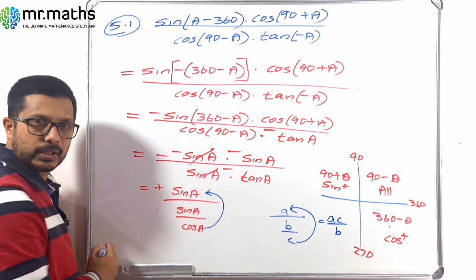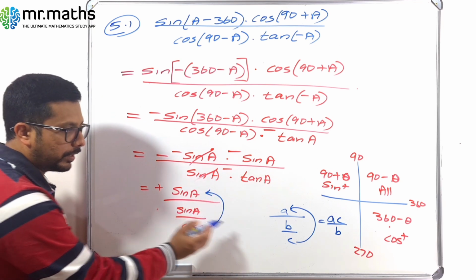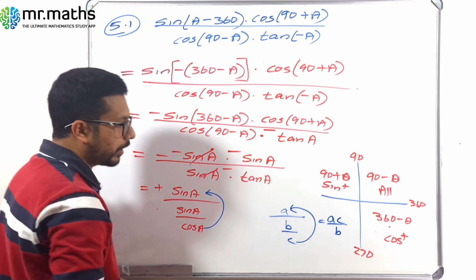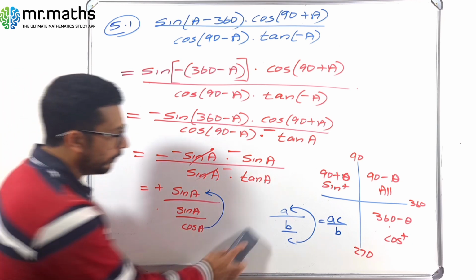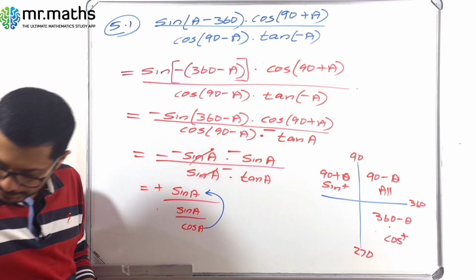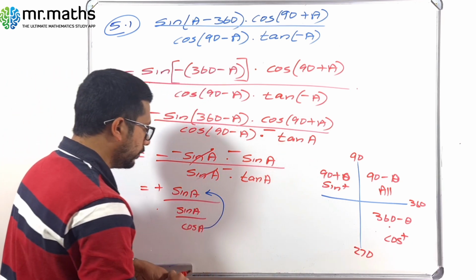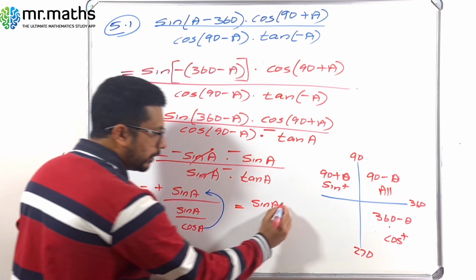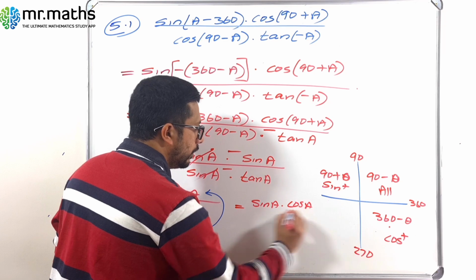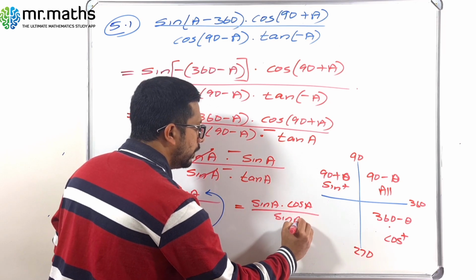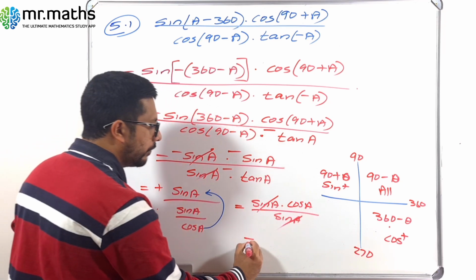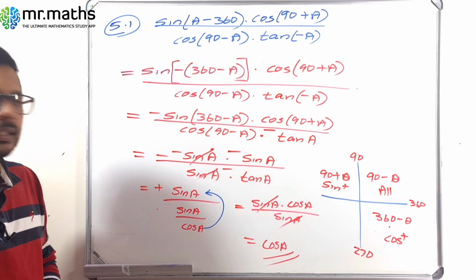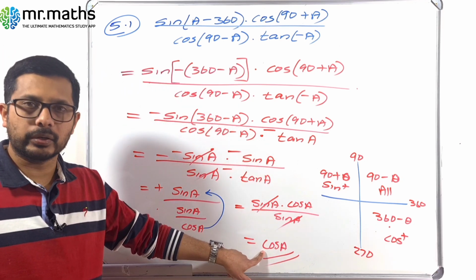So this is equal to sin a, then this cos a will multiply with this one, into cos a divided by sin a. So sin a cancels, and what is the answer? Cos a.